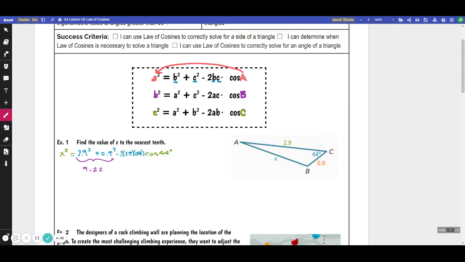This whole thing. People do this part, and then they do this part, and then they subtract, and then they multiply by cosine. You cannot do that. That does not work. Order of operations, multiplication comes before subtraction. So do this part first, then multiply all of this next.